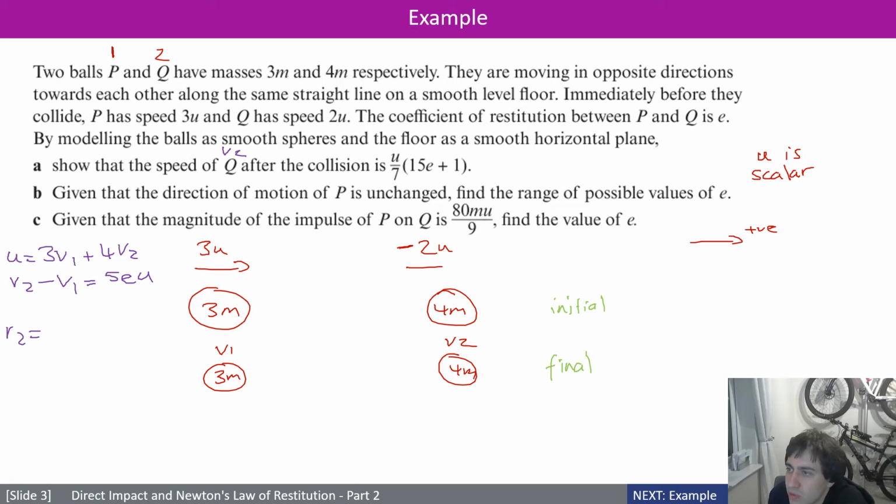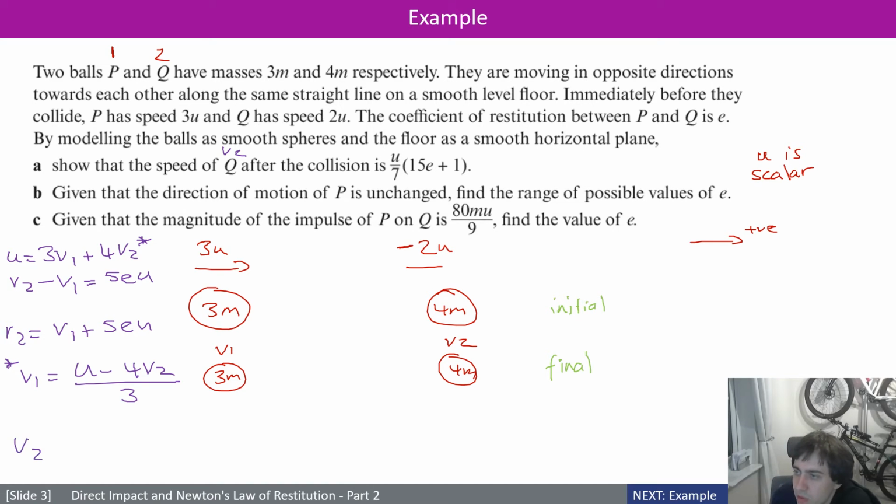So what is v2? v2 is equal to v1 plus 5eu. And v1 is equal to, using this one, v1 is equal to u minus 4v2 all over 3.